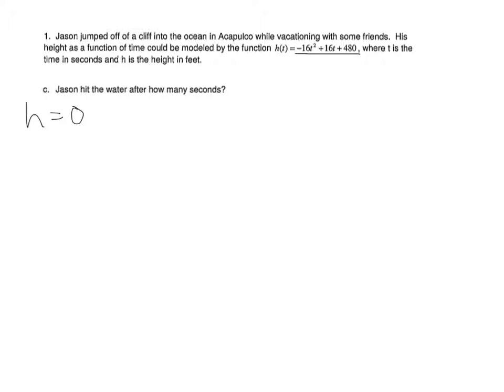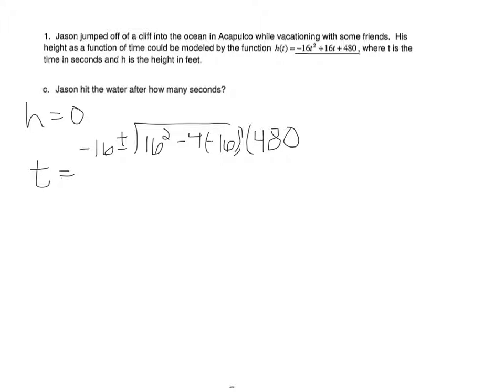So let's go ahead and get started by setting up our quadratic formula. I have t is equal to, and my first part is negative b, and my b value here is 16, so I have negative 16 plus or minus the square root of b squared, so here it's 16 squared minus 4 times a, which is negative 16, and then multiply that last piece by 480.